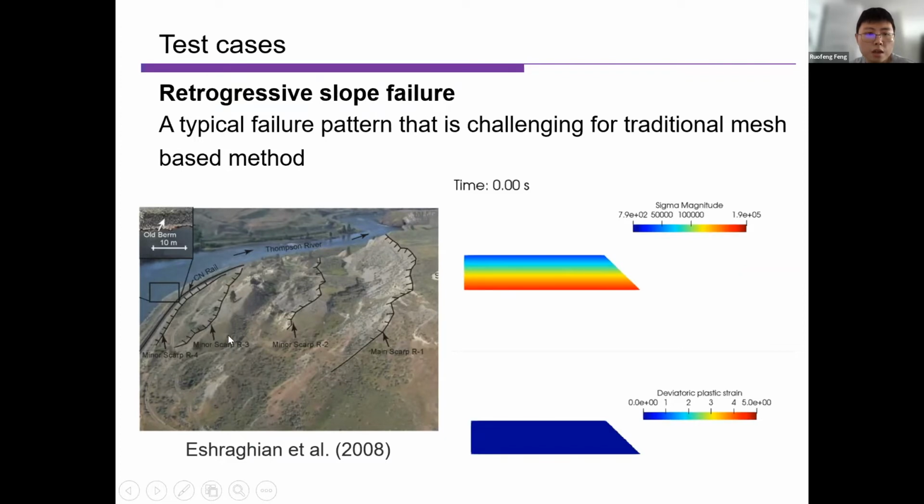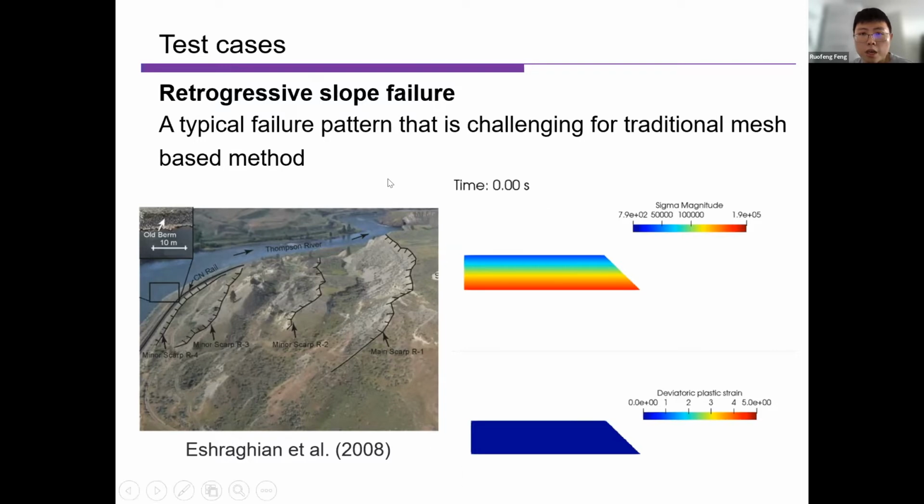You can see there are multiple failures involved, and the retrogressive landslide failure is mostly found in sensitive clay, which displays strain softening, and that's the reason why it can change from an initially very stiff state to a fluid-like state. This poses a challenge for traditional mesh-based methods because it involves quite large deformation and multiple failures.